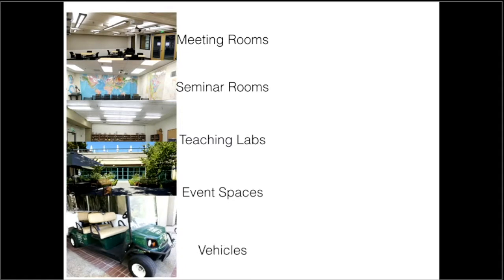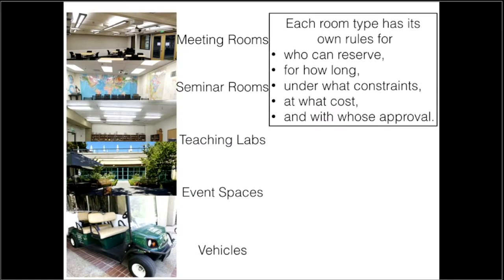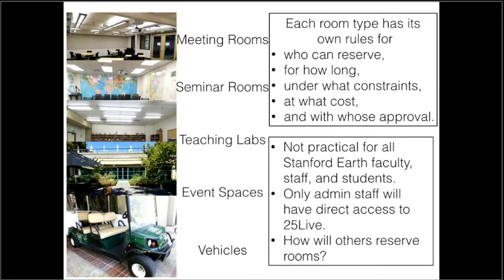Each one of them, according to department, has its own set of rules in terms of who can book the room for how long, what the blackout constraints might be, who needs to approve the room, or whether it doesn't need approval at all. We decided it wasn't really practical to have everybody at Stanford Earth use 25 Live, and we decided that our admin staff would get trained and would know how to use it, and then we needed to figure out a way to let other people do quick bookings.